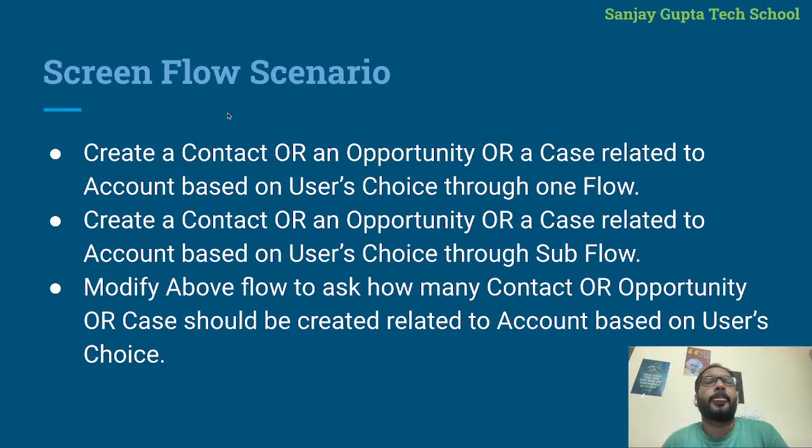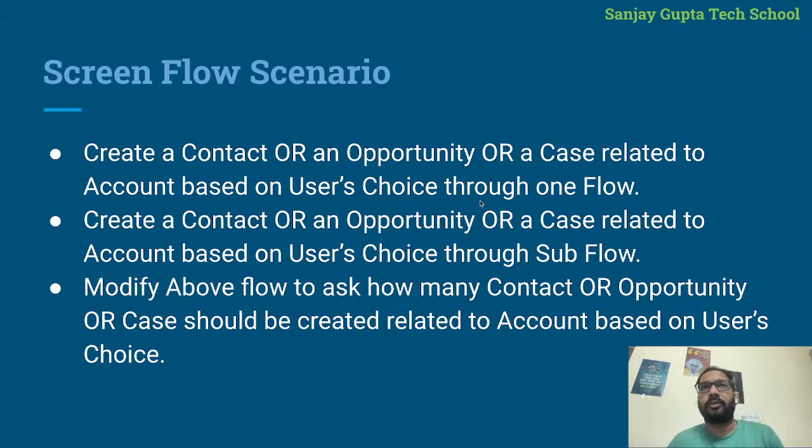So here you can see we have screen flow scenarios, and I'm going to implement them one by one. They are very easy but will be time consuming, because if you read the first requirement, it says we need to create a contact or an opportunity or a case related to an account based on the user's choice through one flow. So we need to create one flow.